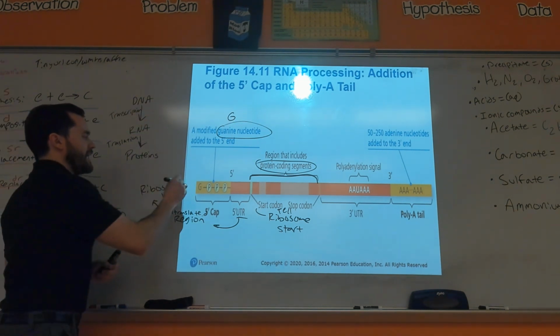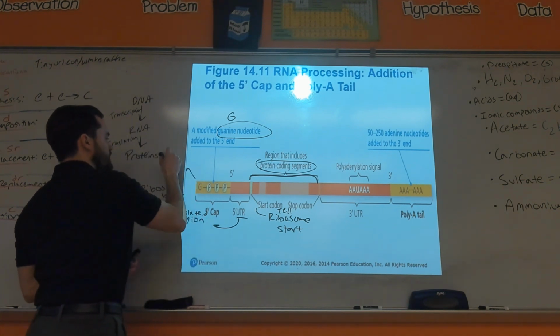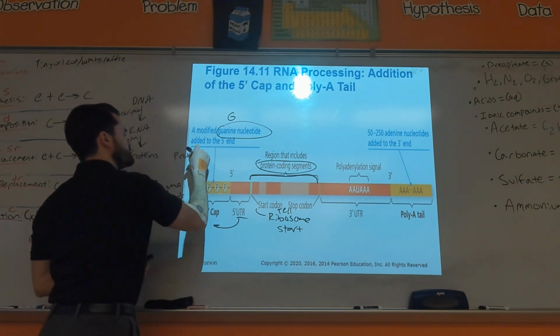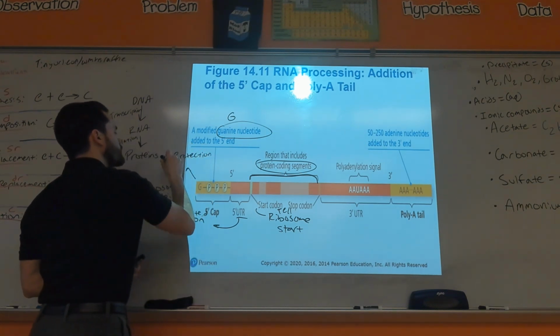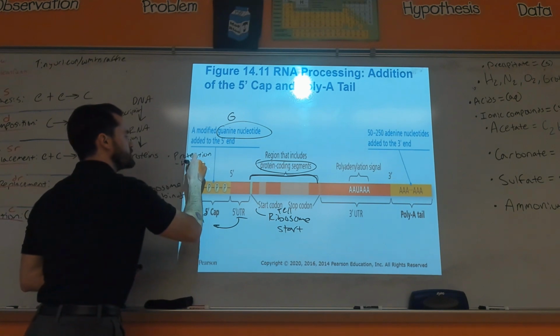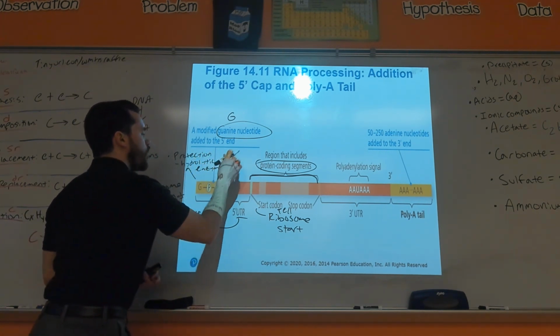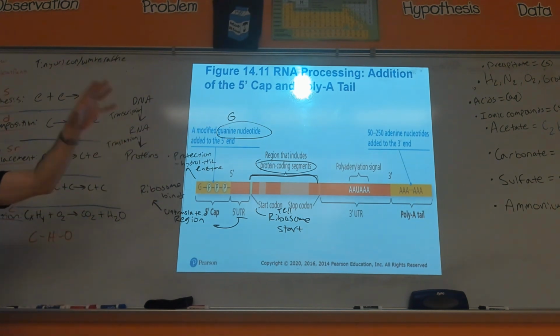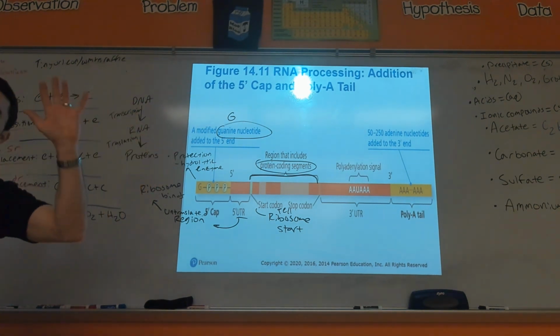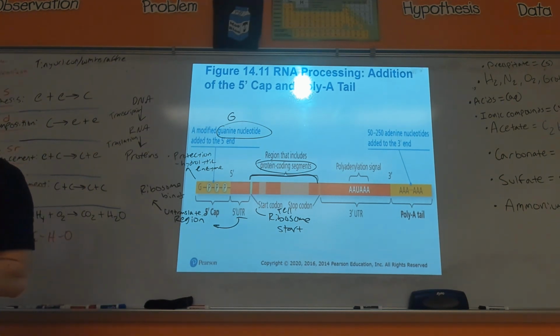5' cap. And a lot of these modifications help with protection. So we want to protect this mRNA from hydrolytic enzymes. What's a hydrolytic enzyme? You remember? All around the environment that this messenger RNA is existing, there are hydrolytic enzymes. They basically break things up.